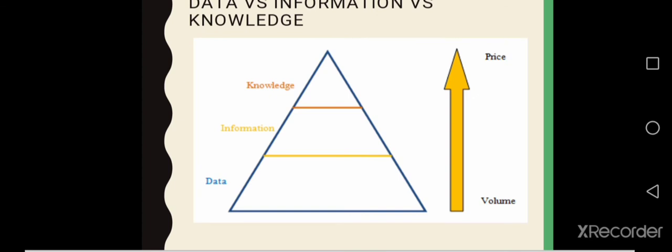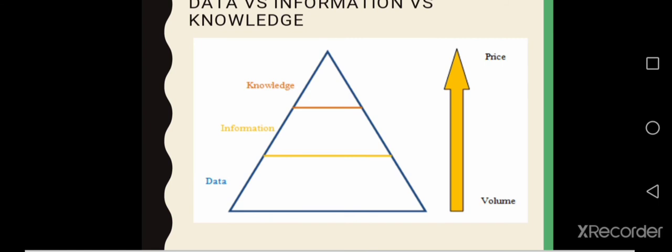So that's data versus information versus knowledge. As you can see on the image, data has the biggest part of a data warehouse.